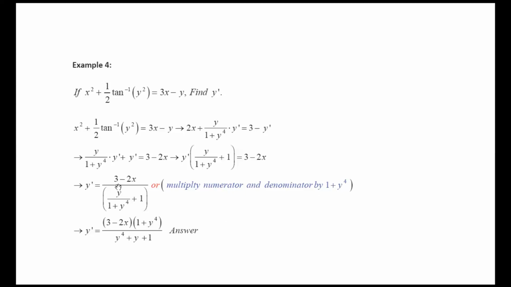When we multiply the numerator by 1 plus y to the fourth, we simply get 3 minus 2x times 1 plus y to the fourth. But when we multiply the denominator by 1 plus y to the fourth, the 1 plus y to the fourth cancels with the 1 in the denominator, leaving us with y. And then when we multiply 1 by 1 plus y to the fourth, of course, we get 1 plus y to the fourth, and we'll rearrange it to look like this.